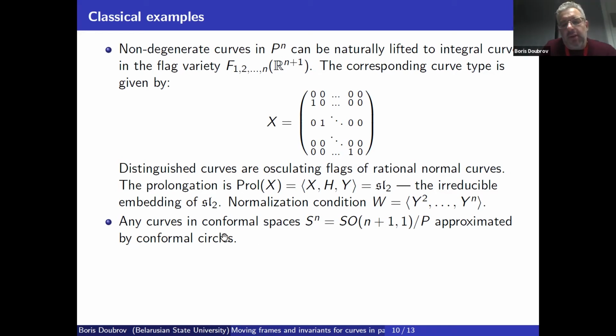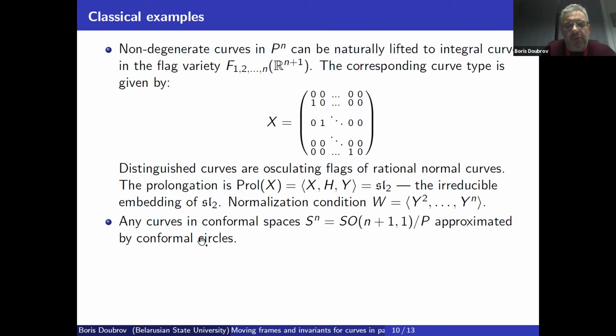Well, similarly, some other examples. If you look at curves in conformal spaces, again, it's easy to check that we will have only one type of curves if we restrict ourselves, of course, to the positive definite conformal spaces. Then all one-dimensional subspaces in the tangent space will be equivalent under the action of G0, which will be just an action of SOn on Rn.